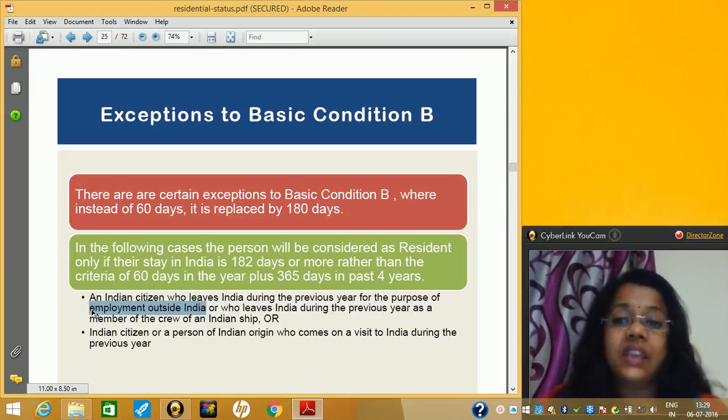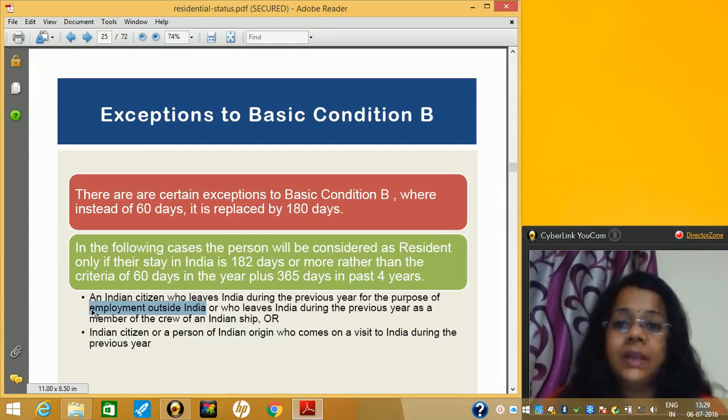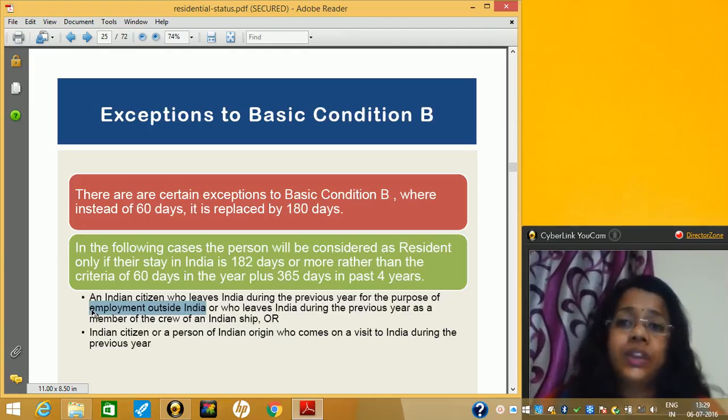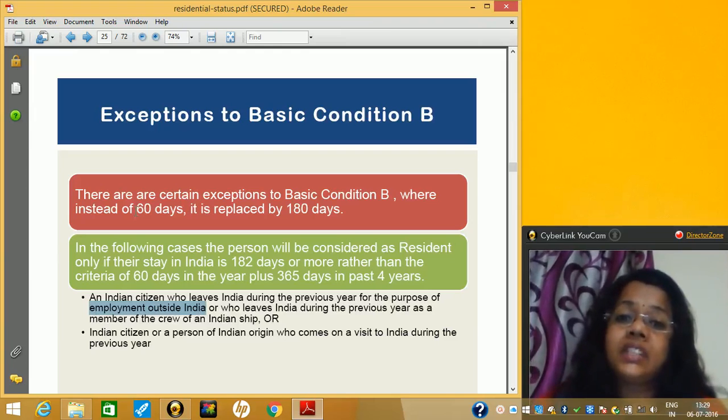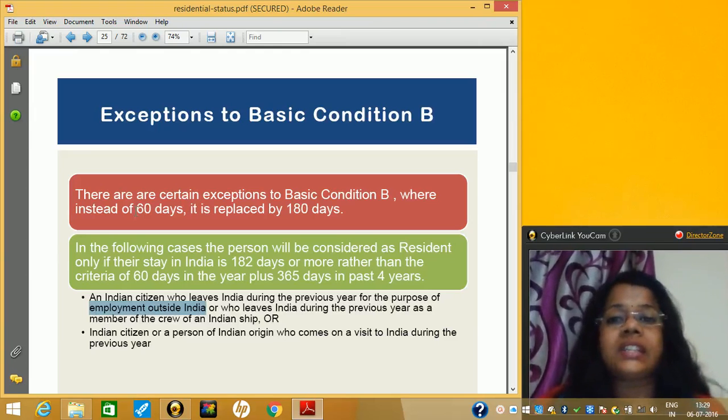Then for the purpose of determining his residential status, the 60 days will be replaced by 180 days in basic condition B.